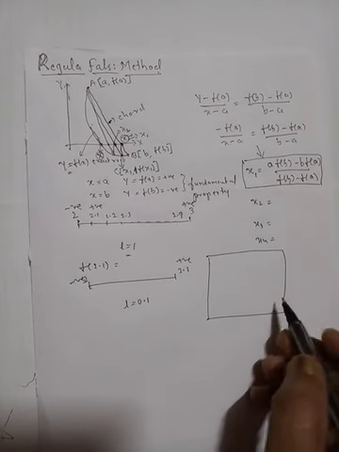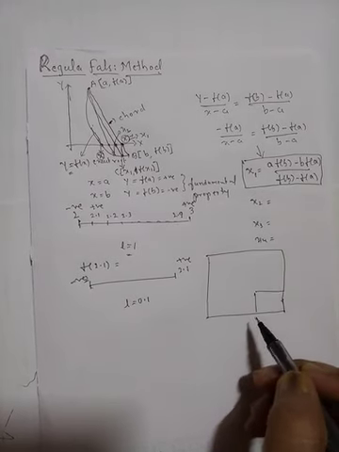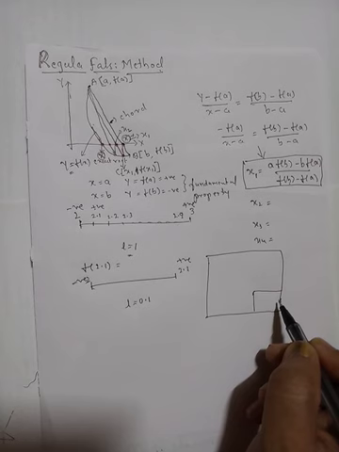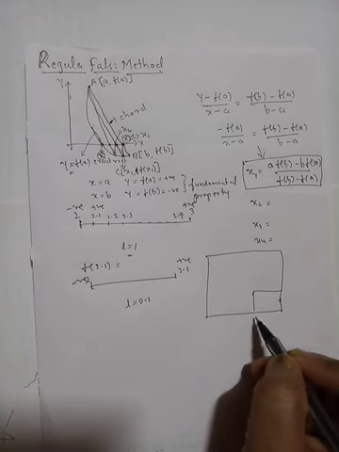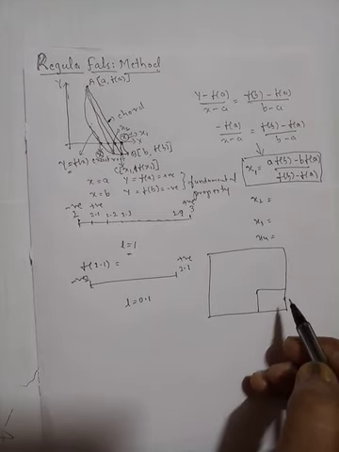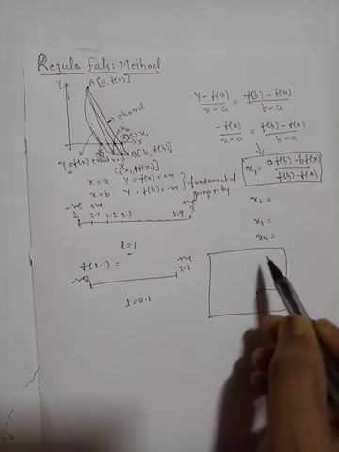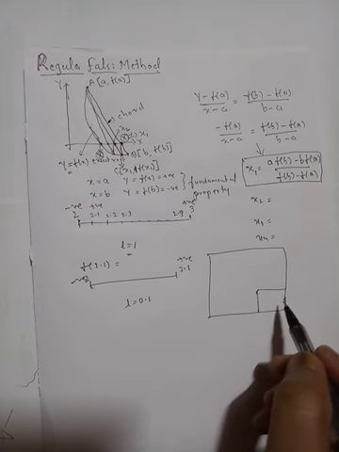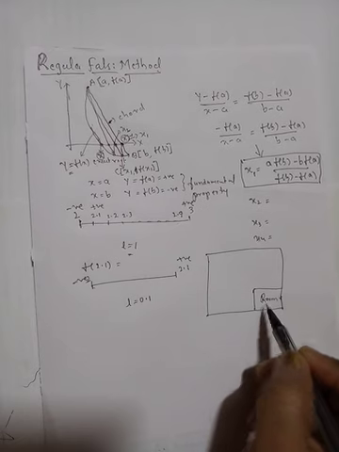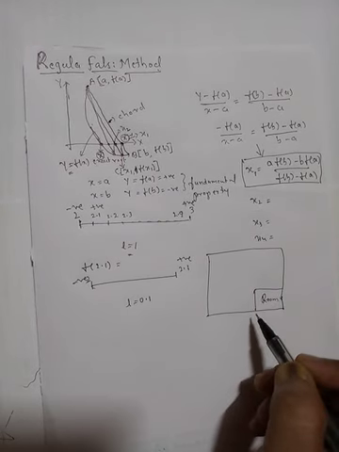Then suppose we conclude that the valuable thing is in our room; we can search within the room. Instead of searching every corner of the home, if you search only a single room, it is very easy. We can reduce the time.